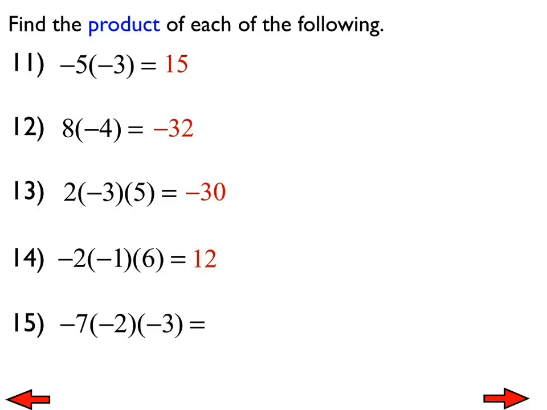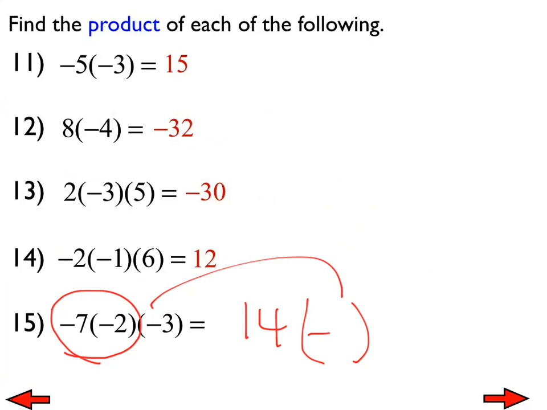How about number 15? The product for 15 is 42. Is it 42? Negative 42. It should be negative 42, and here's the reason why. Negative 7 times negative 2 is 14, and then 14 times negative 3 is negative 42, for all the different reasons that we have talked about.